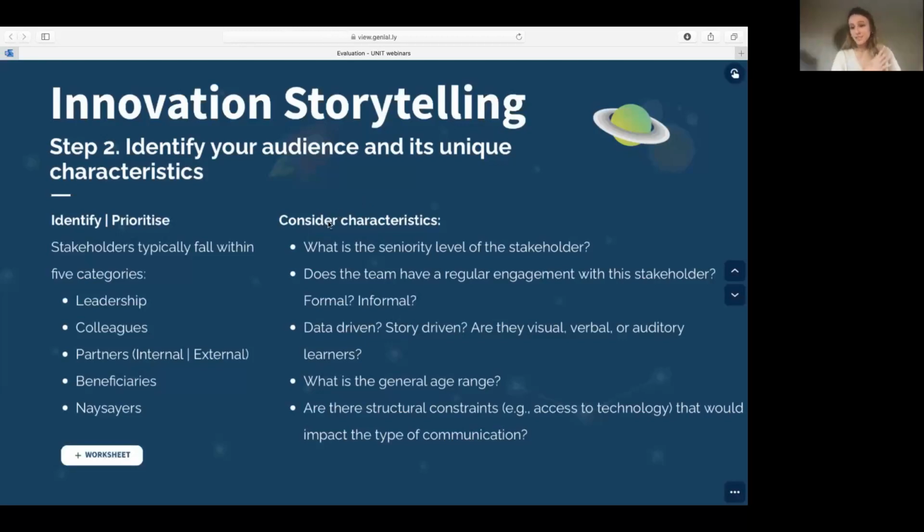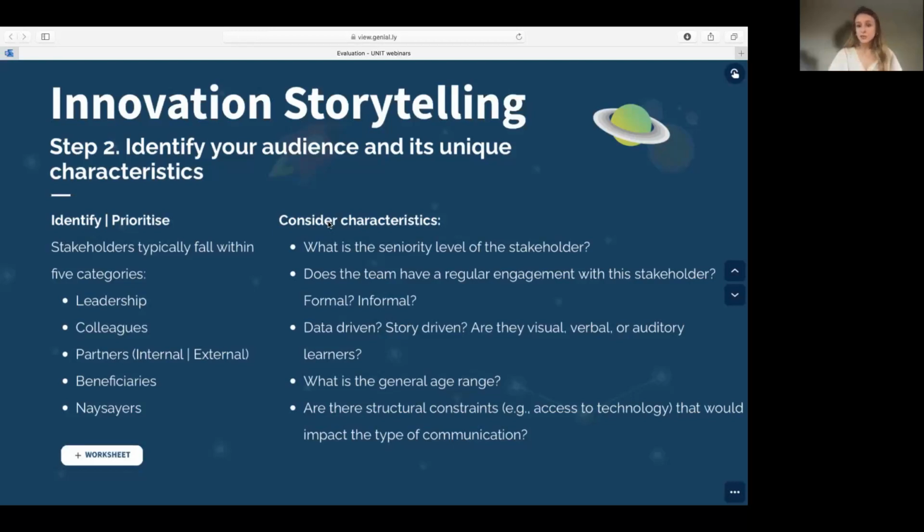After you have selected or identified the category of the stakeholder, then you're encouraged to consider the unique characteristics of the particular audience. For instance, here you can find some questions, and you can find even further questions in the tool. Some questions may be: what is the seniority level of the stakeholder? Does the team have regular engagement with the stakeholders in an informal way? What is the level of engagement of this audience with the project that you are showing?